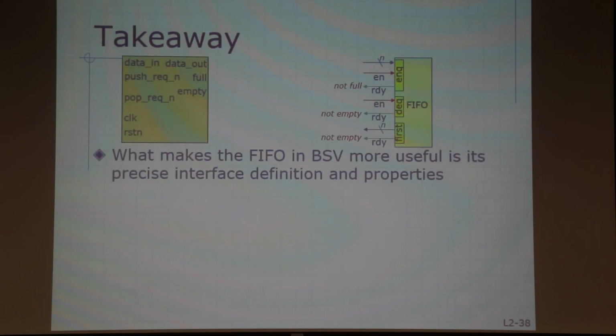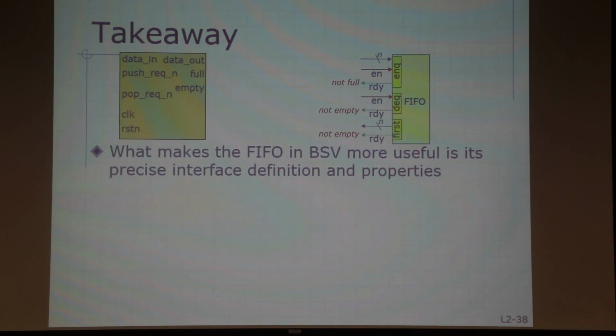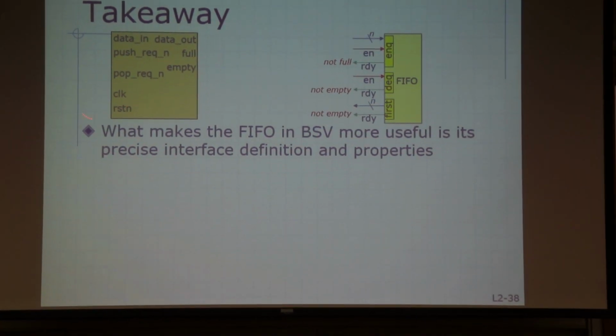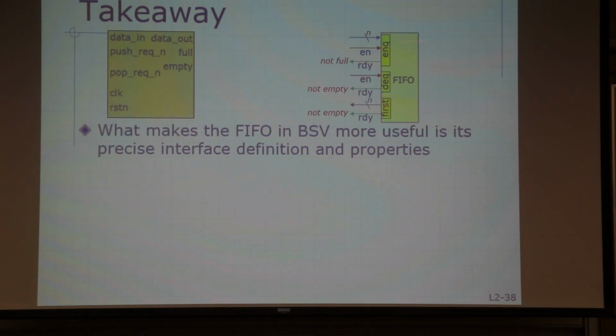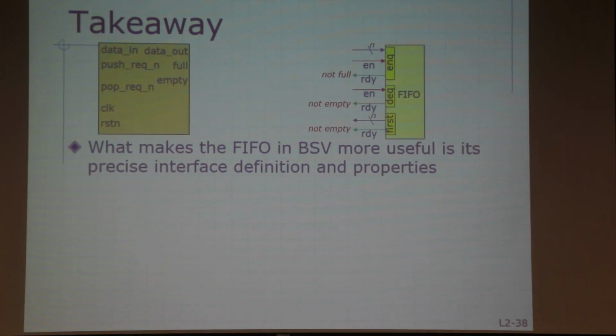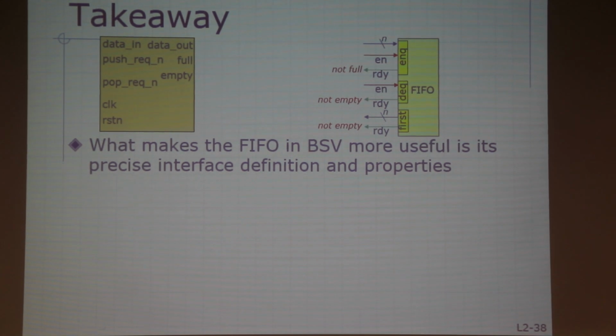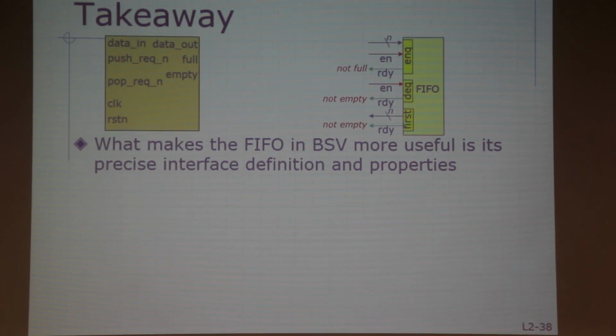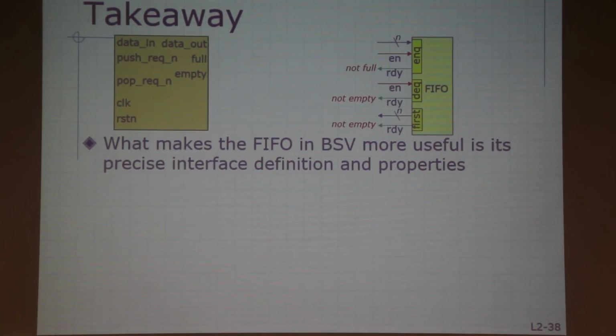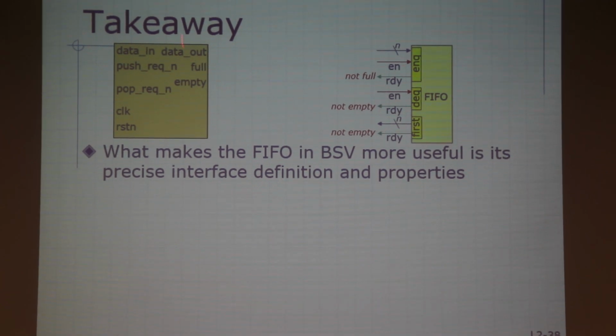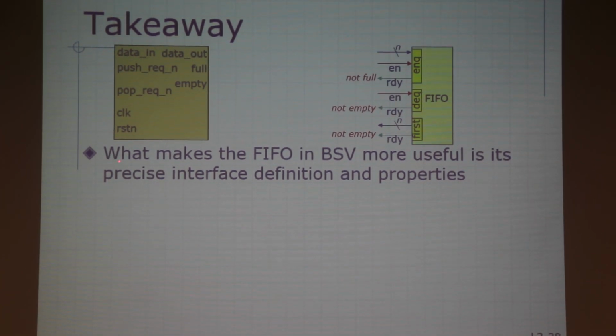All right, so final slide, takeaway. I showed you this picture, and I'm selling this picture on the right. I think the most important thing to understand is I'm making no claims about whether this is inefficient or efficient.